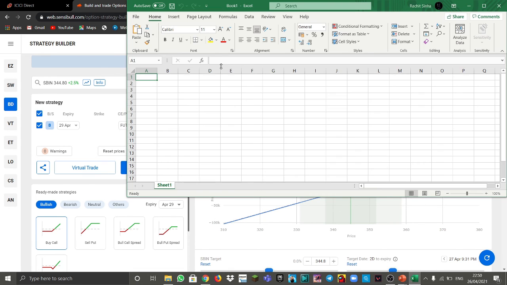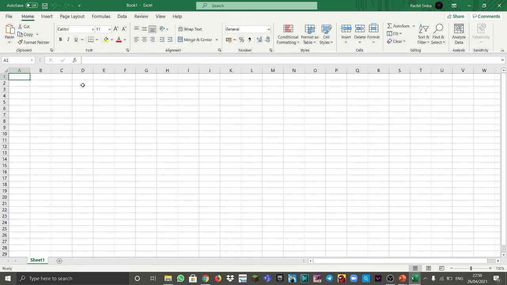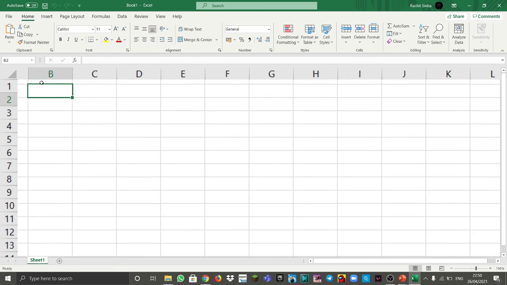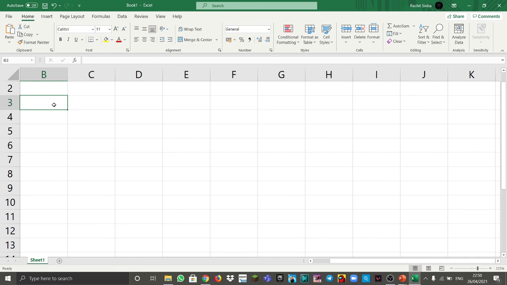So let's calculate this to understand what is the brokerage that you pay. Lot size is 3000.